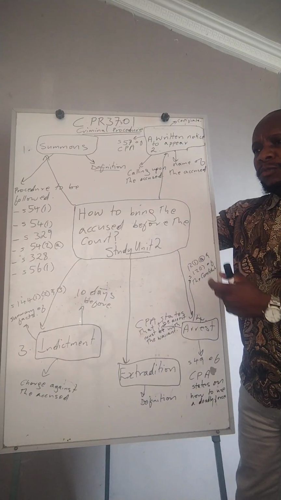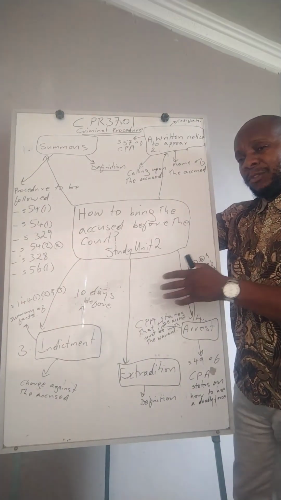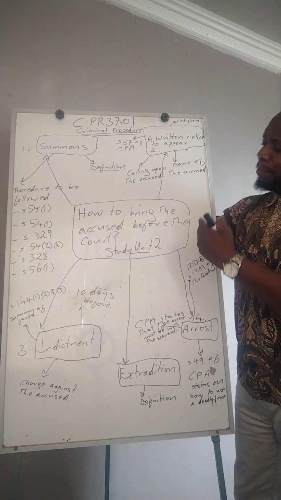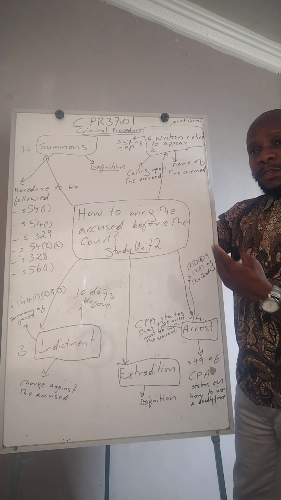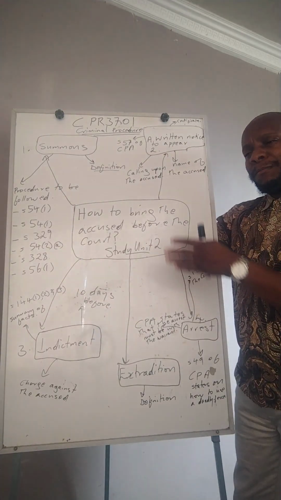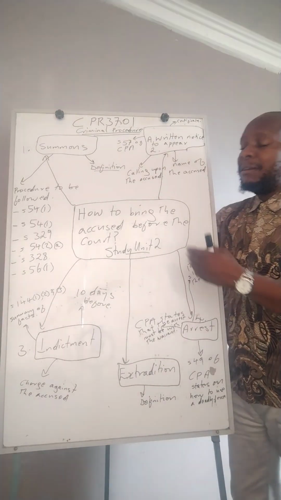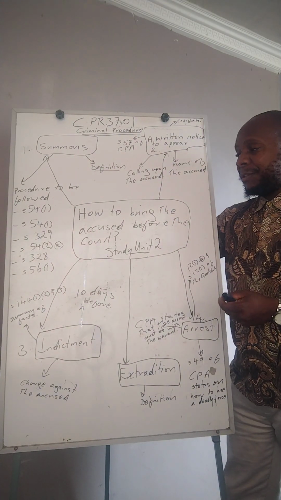Then the prosecutor, after handing the summons to the police officer who is authorized to serve the summons, the person will then deliver the summons at the place of the accused, his residence, the place of his employment, and or the place of his business if the person is running a business.